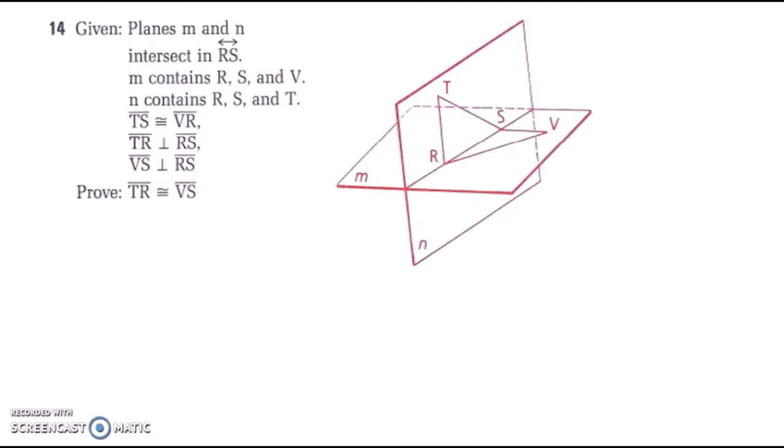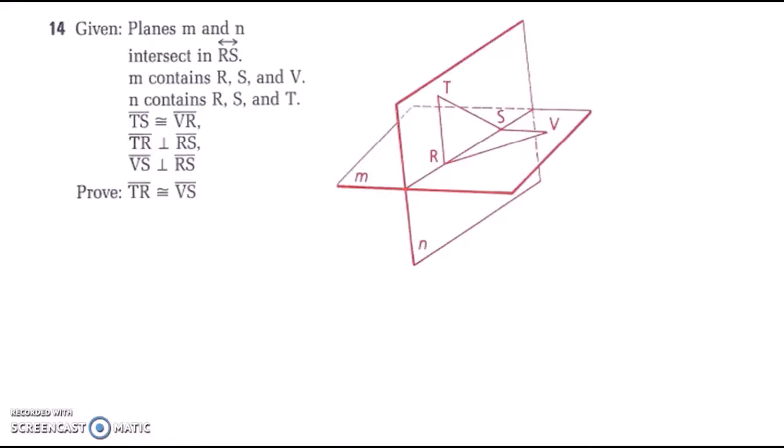Given planes M and N intersect in line RS, plane M contains R, S, and V, N contains R, S, and T, TS is congruent to segment VR, segment TR is perpendicular to segment RS, and segment VS is perpendicular to segment RS.